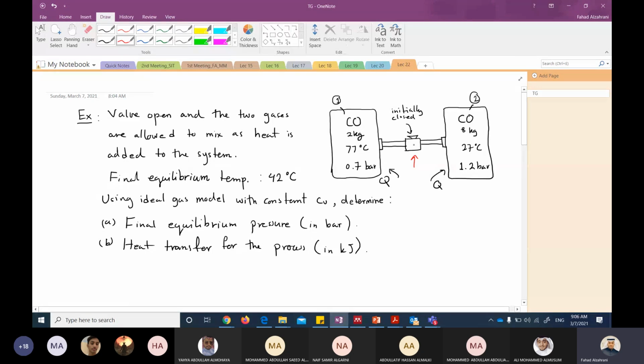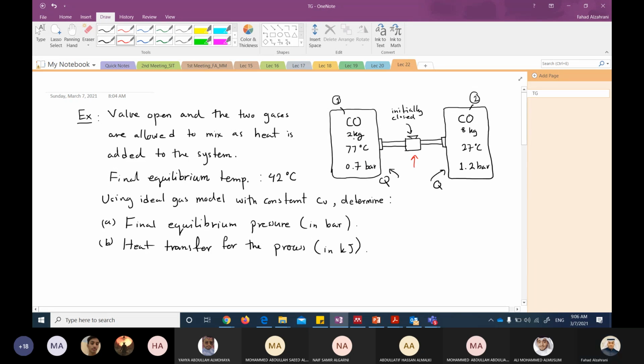Initially, this valve is closed, and each tank has carbon monoxide, but at different states. Tank one, on the left side, has carbon monoxide at 77 degrees Celsius and 0.7 bar, and it has 2 kilograms mass.